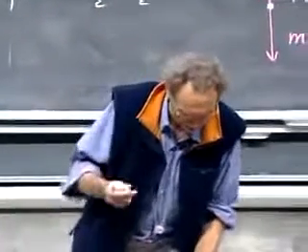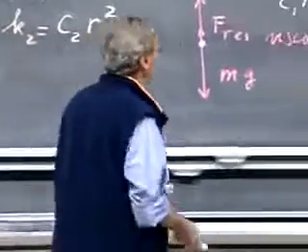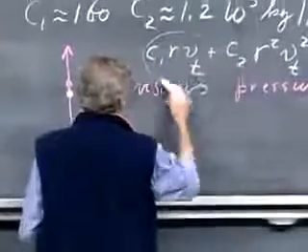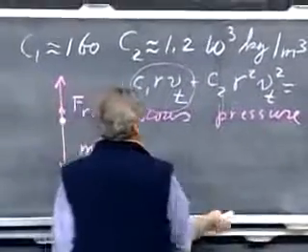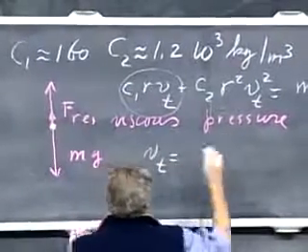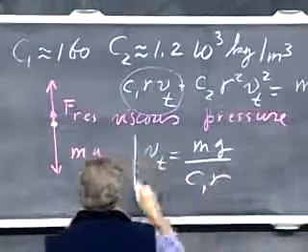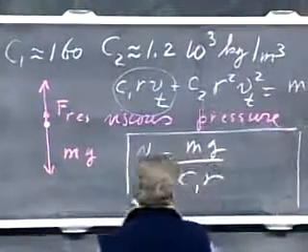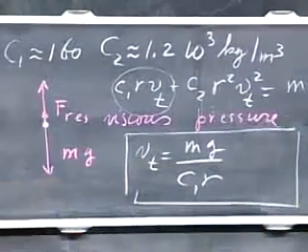So the speed will remain way below 100 miles per hour, and therefore this is a term that will dominate, and this term can be completely ignored. And if that term can be ignored, you can see that immediately the terminal velocity is going to be mg divided by c1r. And that, by the way, for our quarter-inch ball bearing, turns out to be something like 2 centimeters per second.